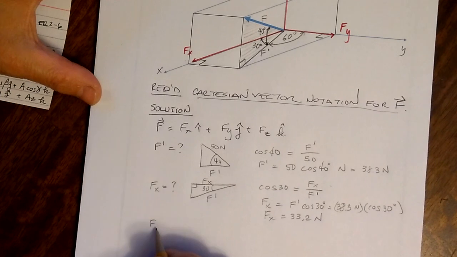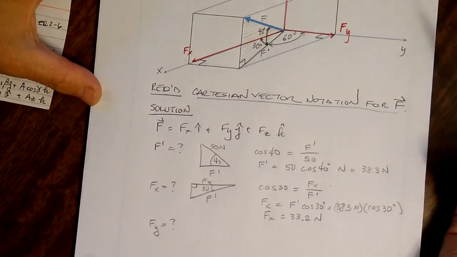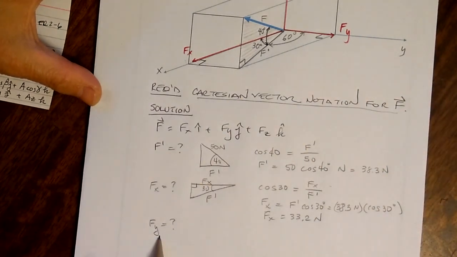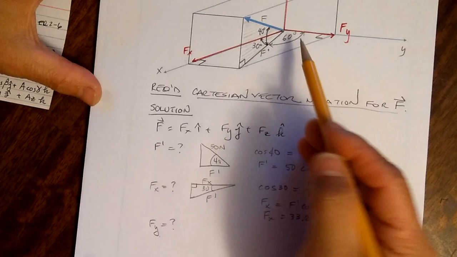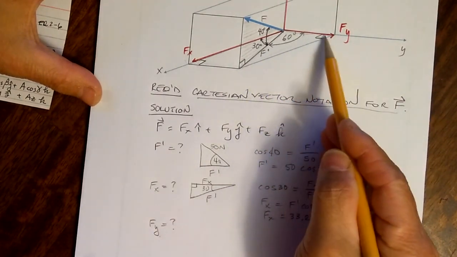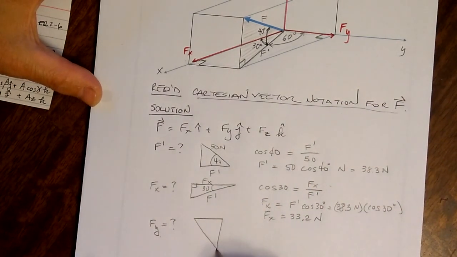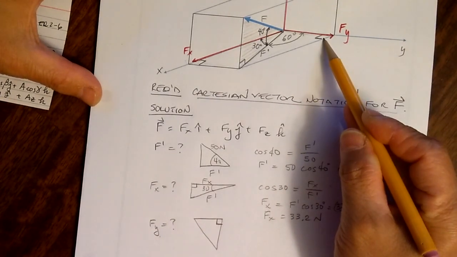And finally, now for F of y, what is that equal to? We need to visualize this right triangle, and it would look something like that, where this 90-degree angle is the same as this 90-degree angle here.